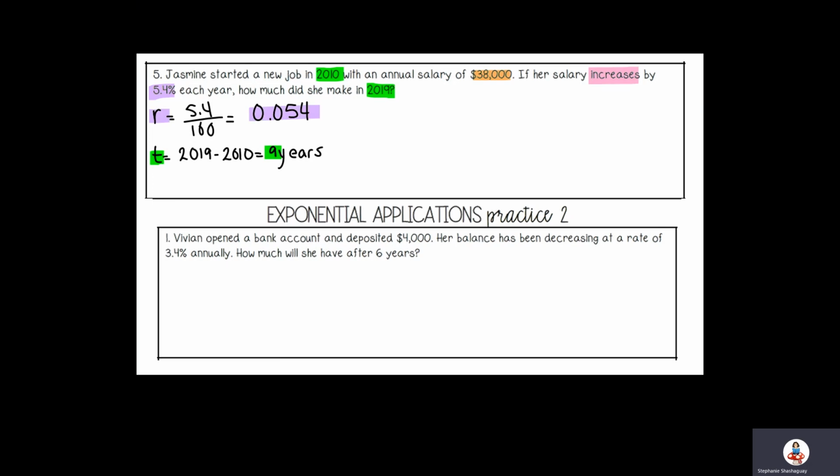So because I am appreciating, or the salary is increasing, my equation is going to look like this. Y is equal to A, my 38,000, multiplied by 1 plus, because I'm increasing, 0.054, and that's going to be raised to the 9th power.